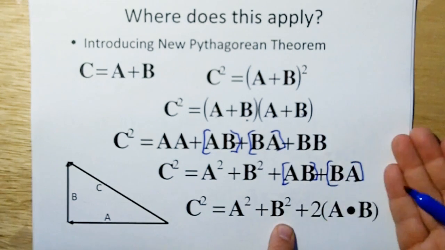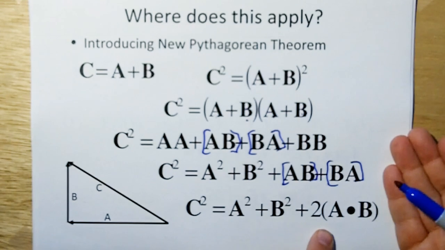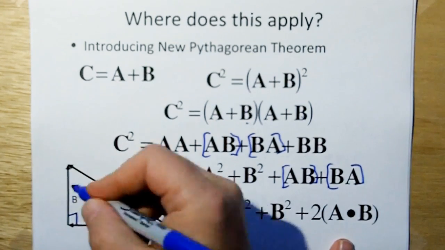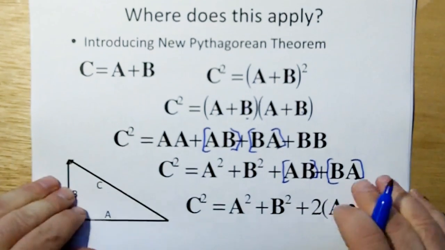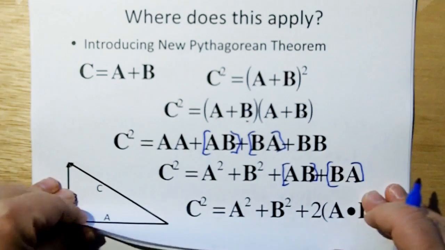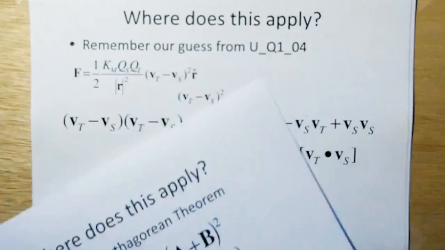But now we have a more general form. I call it the Q-Pythagorean theorem, to be fun. You can now find the length of the hypotenuse even if your vectors are not perfectly perpendicular. This is a more general Pythagorean theorem thanks to Q-algebra.